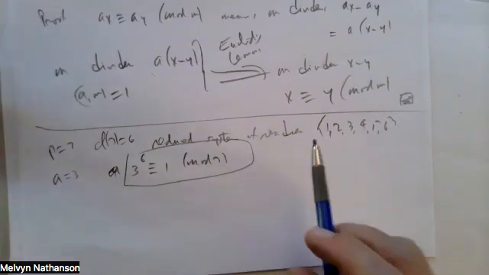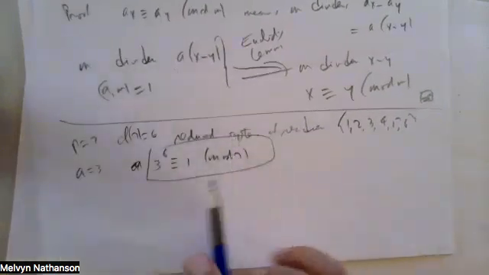And how do I do that? I take each of these numbers and I multiply it by 3.